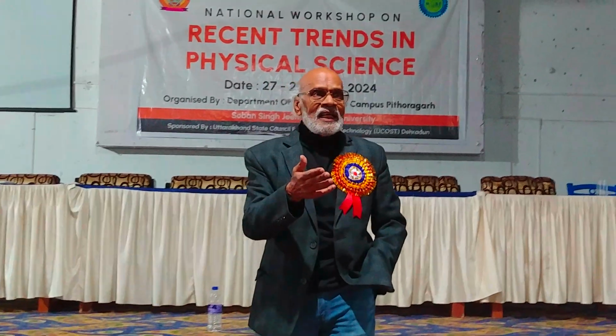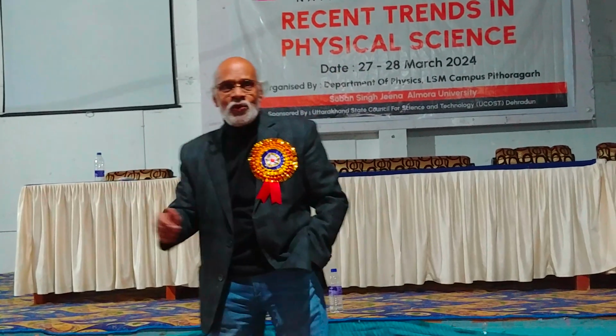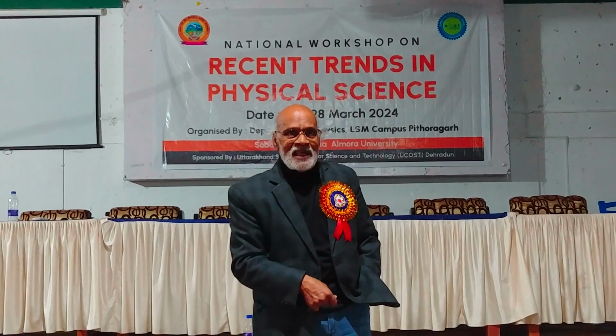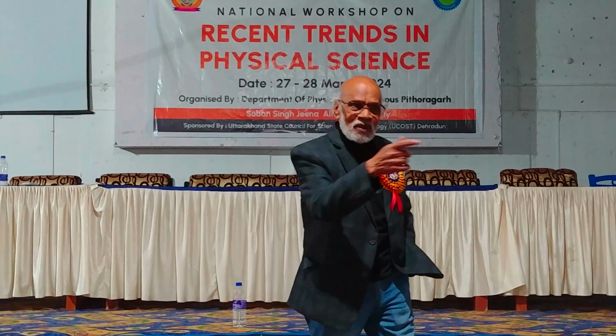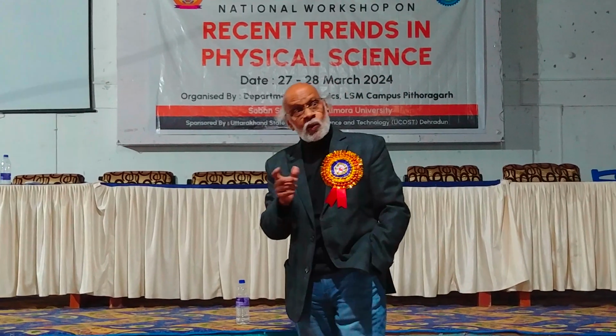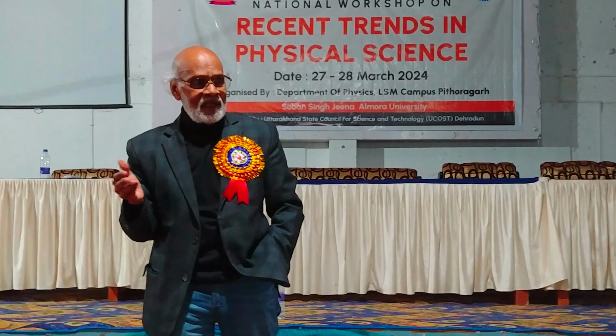Now, let me interlink it with the concept that was just taught to you on gauge invariance. Gauge invariance is a symmetry. I have decided today that next time I will give some lectures here on symmetries in physics, in classical and quantum physics, and then continuous and discrete symmetries.